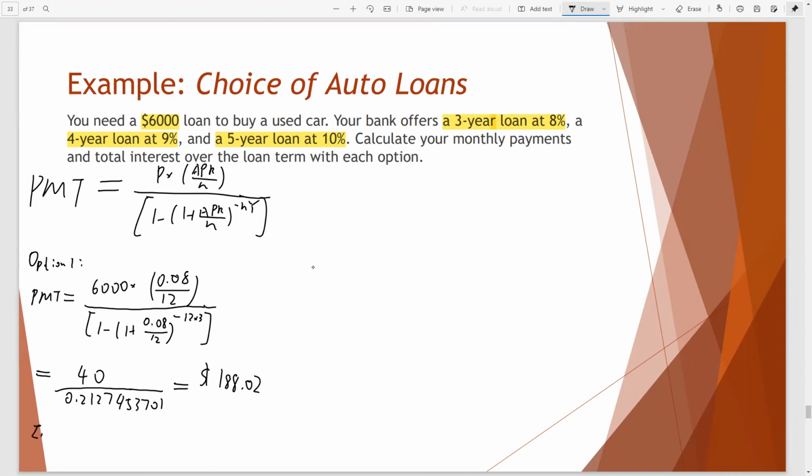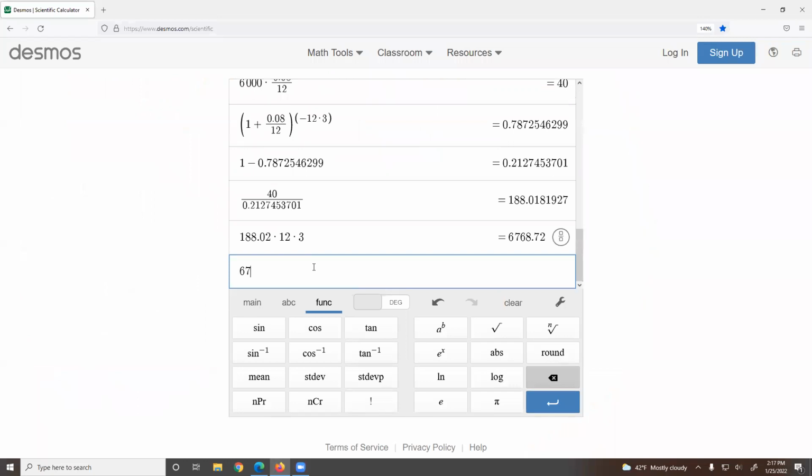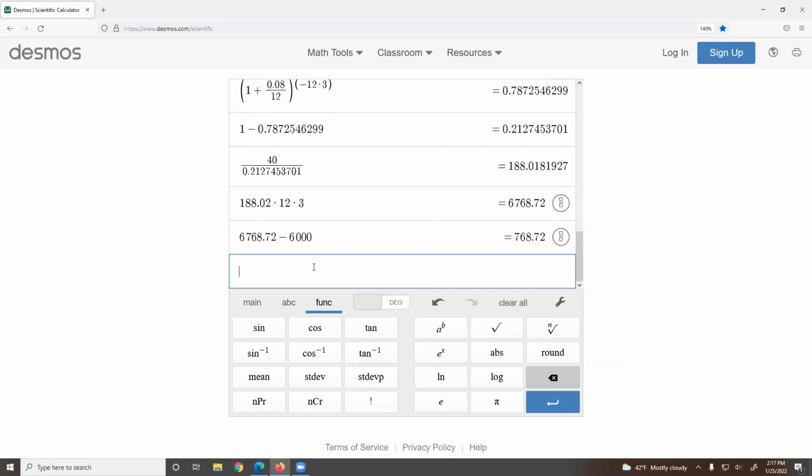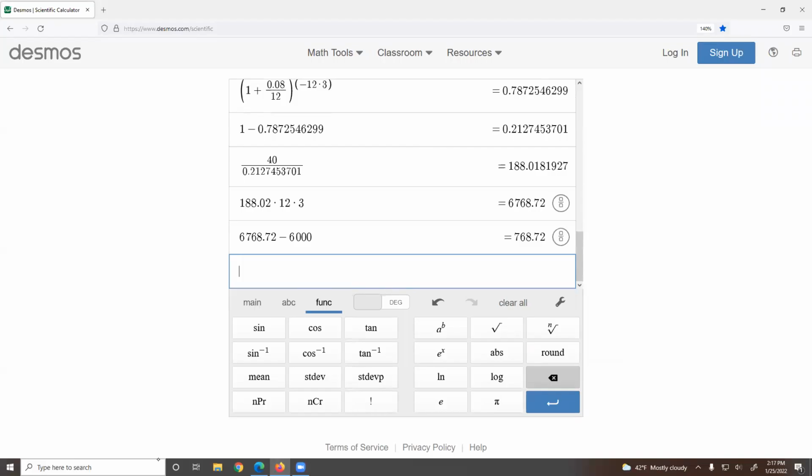$188.02. So interest is what? Monthly payment, 12 payments each year, subtract the $6,000 principal. $188.02 times 12 payments minus $6,000, that's $768.72.